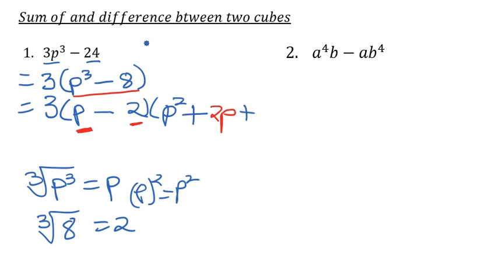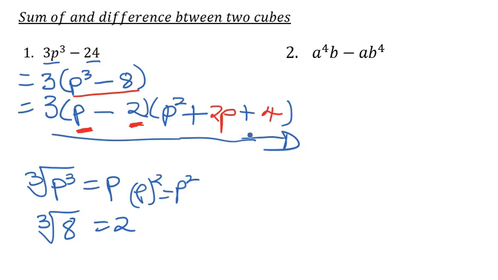Then we need to square the last term. If we square 2, we get 4. So we get 4 there, and this is exactly what we have. We are done factorizing the difference of two cubes.